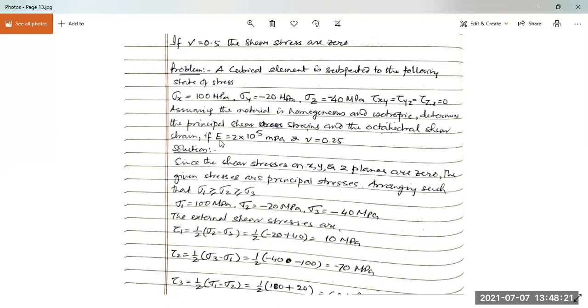E is equal to 2 into 10 to the power 5 MPa and gamma is equal to 0.25. So what will happen?